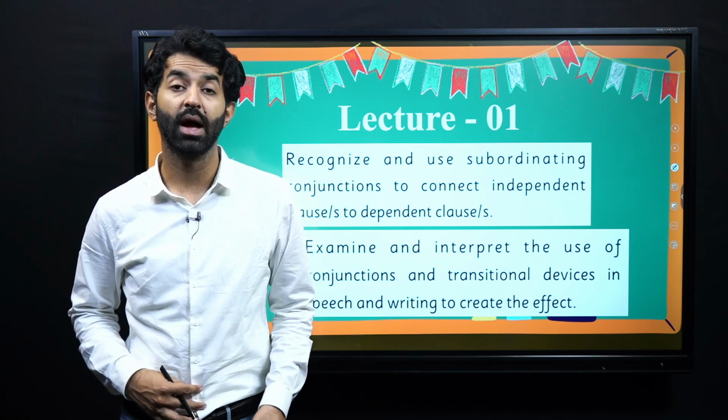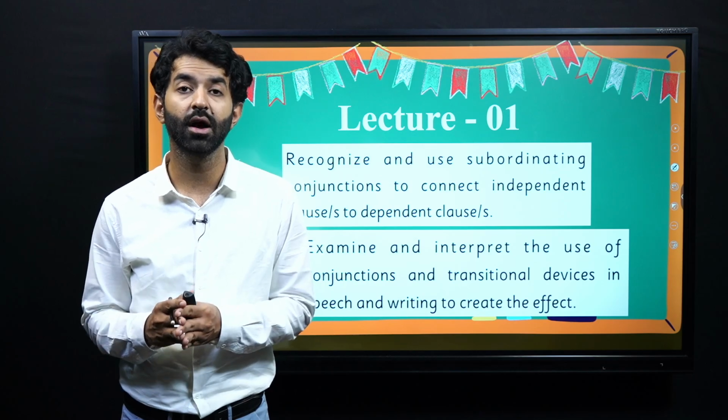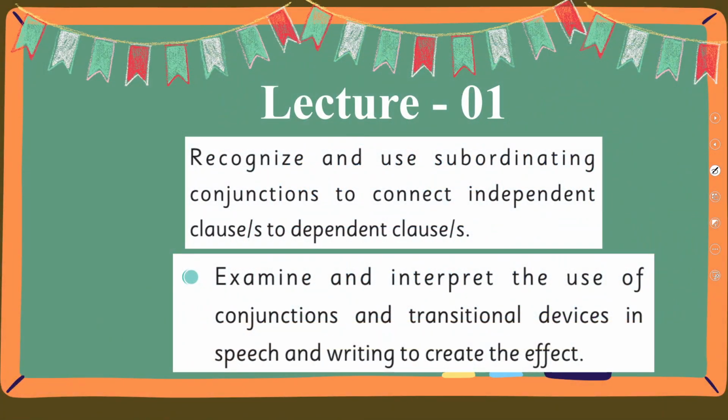For the upcoming first lecture that we will cover, we have these two learning outcomes on the same topic, conjunctions or transitional devices. First, we will recognize and use subordinating conjunctions to connect independent clauses or a clause to a dependent clause. Students, we know that conjunction is a part of speech.